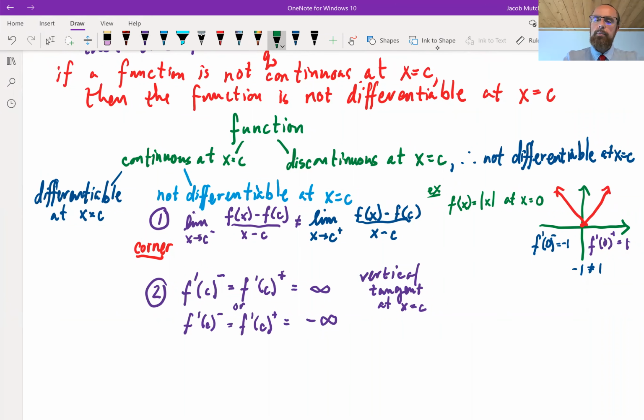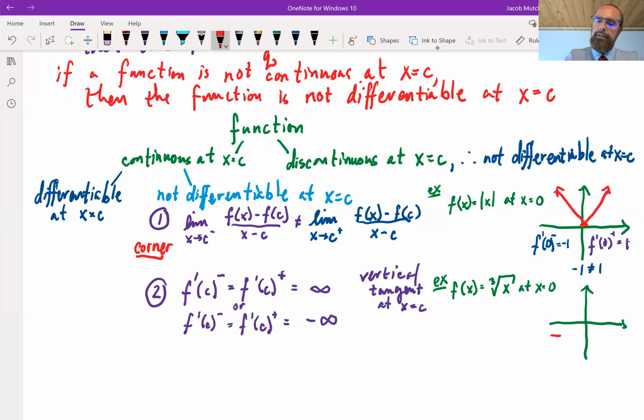So let's say here that we've got the parent function for the cube roots. So f of x equals the cube root of x. And again, at x equals 0 is where we're going to focus our attention for this example. Graphically, if I consider here the cube root function, so recall how that begins in quadrant 3 and then turns sharply.